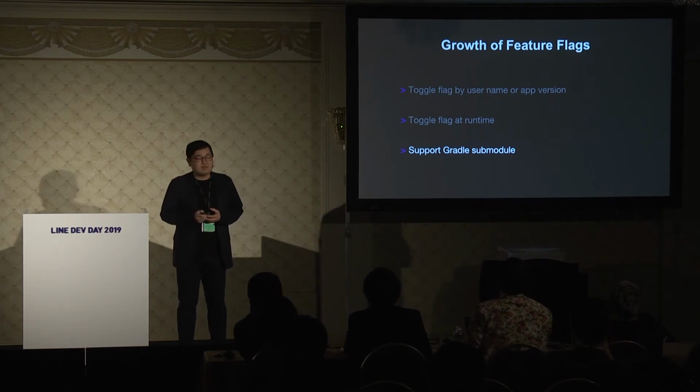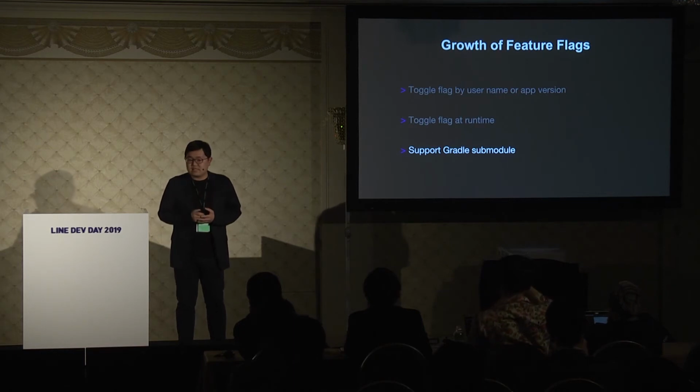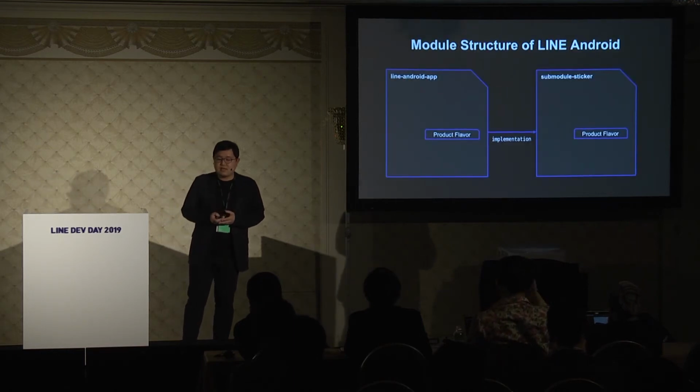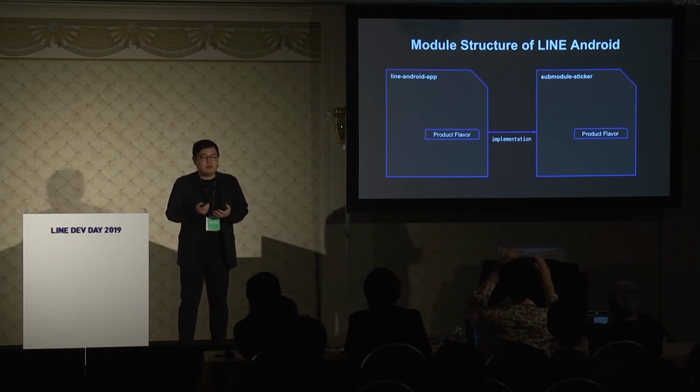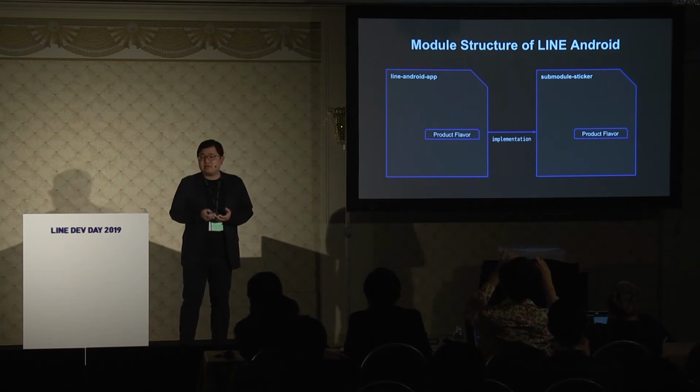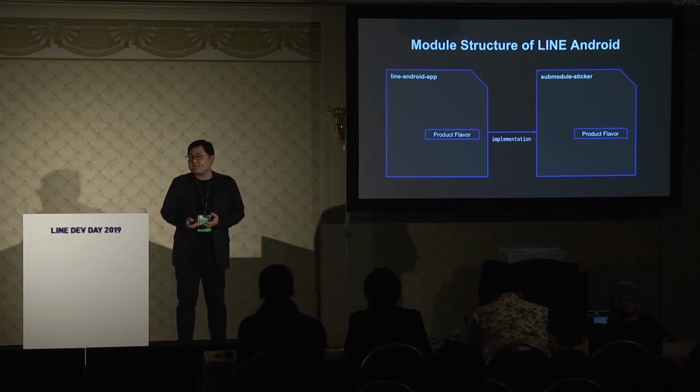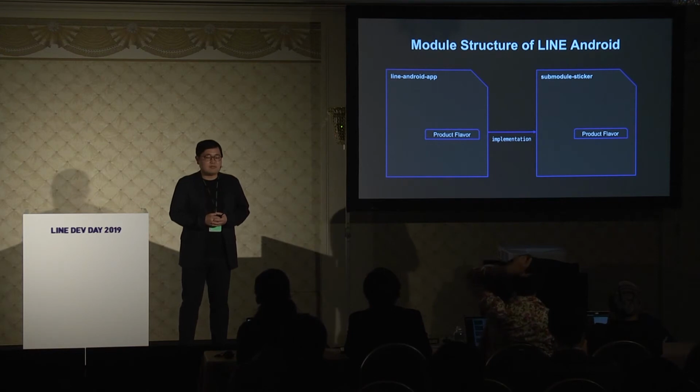But before touching that, I would like to explain how modules are organized, structured, and how they are used in our project. So in Line Android, on the left-hand side of the slide, the app module is a parent, and then submodules are created, as you can see on the right-hand side of the slide.